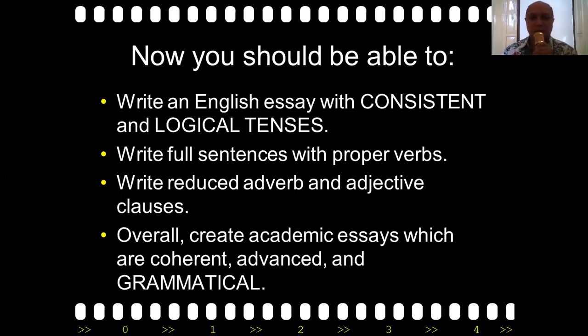So whenever you have adverb and adjective clauses, remember that you can always reduce them. You can always shorten them. So overall, I hope now you will be able to create academic essays which are coherent, sound advanced, and grammatical.